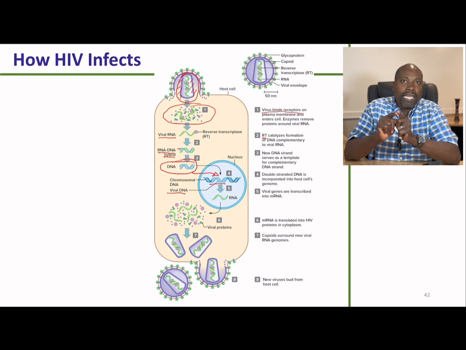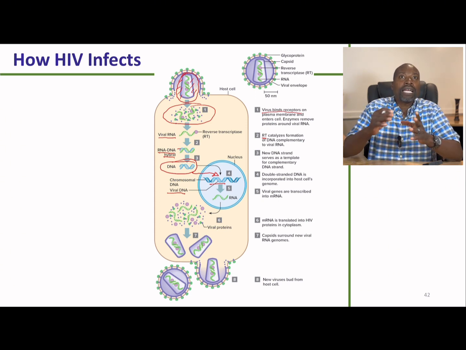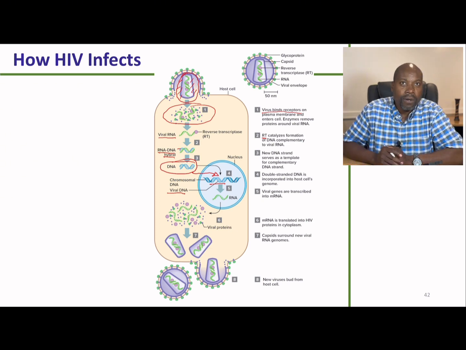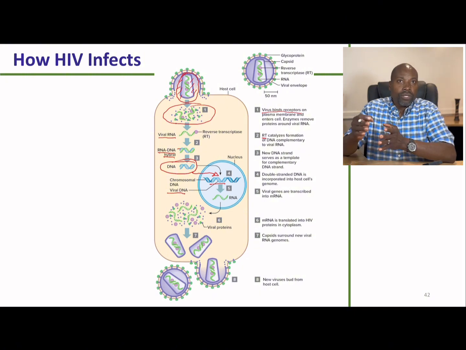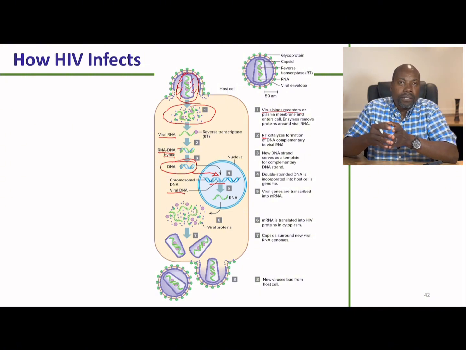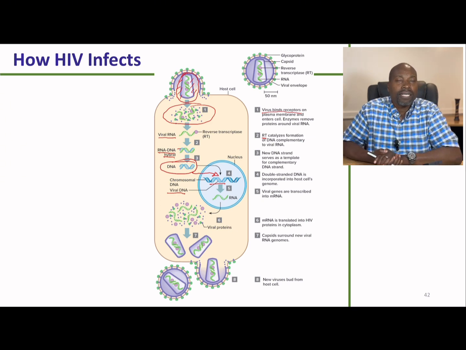Where specifically is that integration going to happen? Well, we cannot say ahead of time where specifically that integration is going to happen, right? Because that integration can happen almost anywhere in a chromosome, some genes can be mutated at that point, right?